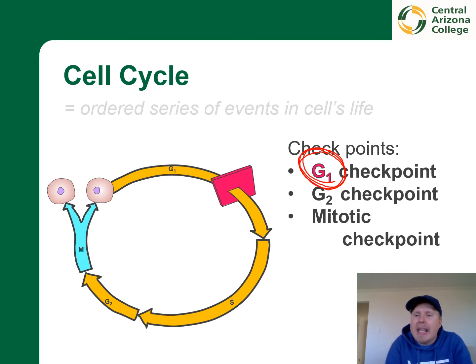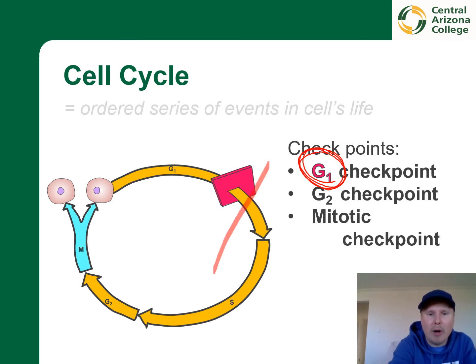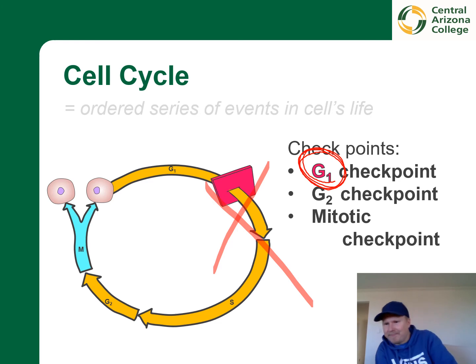And if there are any errors within the DNA, we have two options. The cell can try to fix the DNA, or the progress stops altogether. In the latter option, the cell can simply stop from progressing any further in its cell cycle.